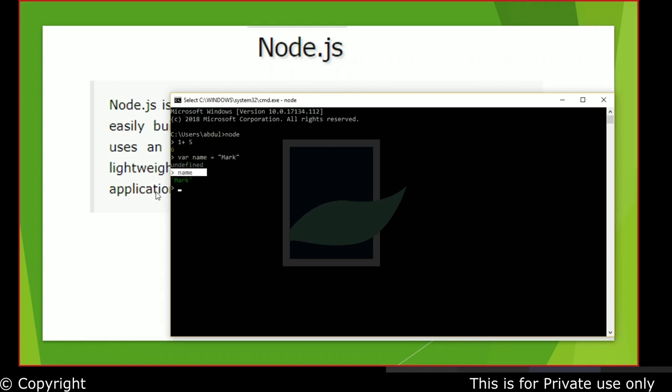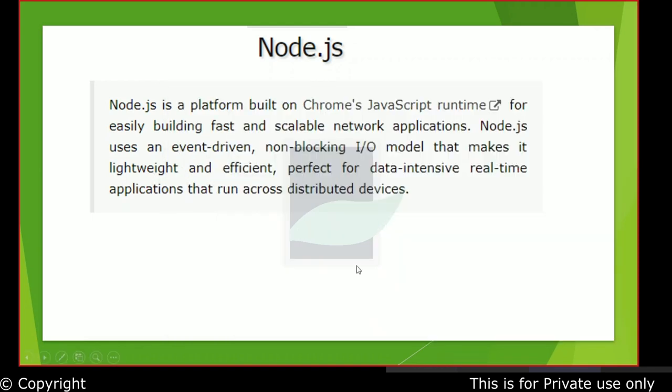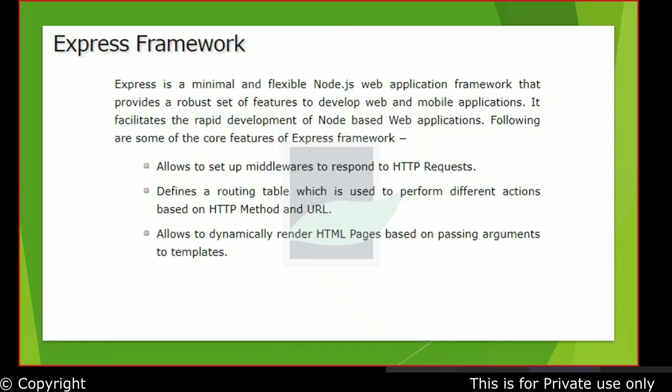That makes it lightweight and efficient. So whenever you have data-intensive real-time applications that run across distributed devices, this is the best choice. You have multiple live applications using Node.js as their backbone server. We'll see about it when we start speaking about Node.js.